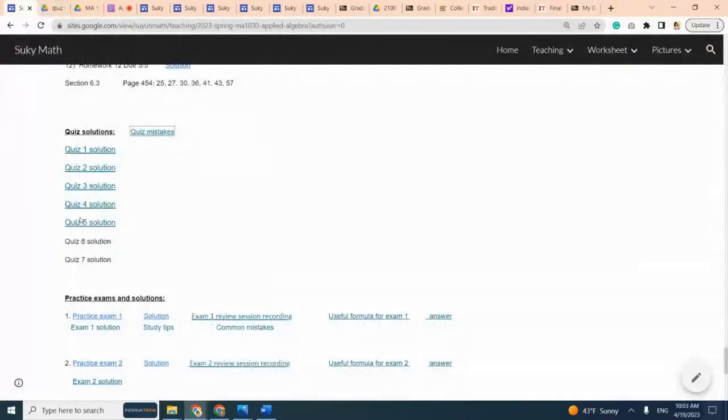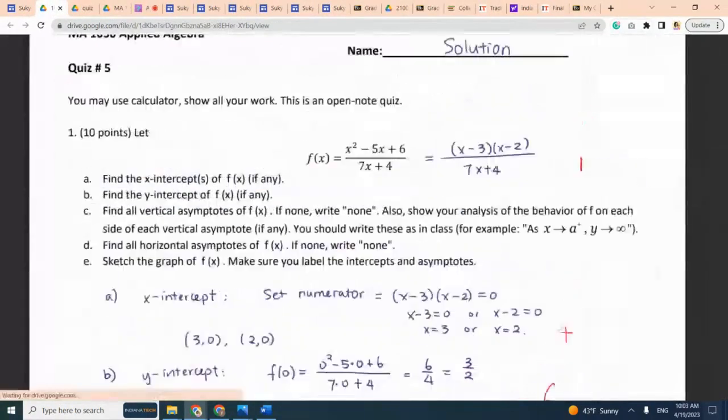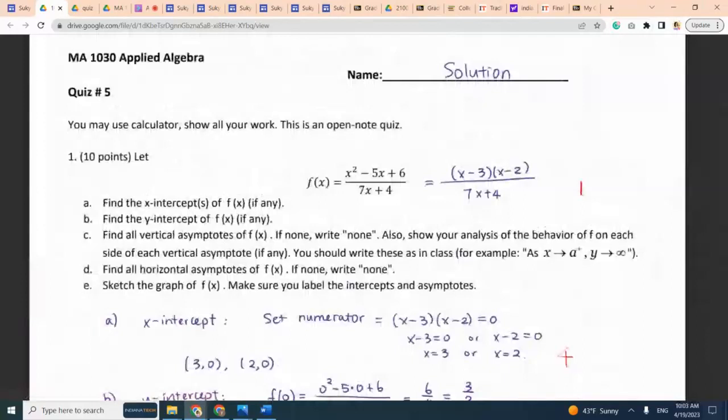Let's look at our quiz 5. Okay. So this is the solution. First step, we factor the numerator and denominator. The numerator, we can factor as x minus 3 and x minus 2. The denominator is a linear term, so we cannot factor further.